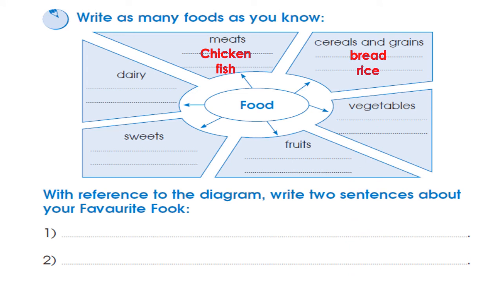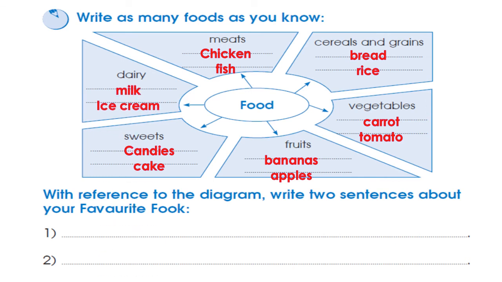Cereals and grains like bread and rice. Vegetables like carrot and tomato. Fruits like banana and apples. Sweets like candies and cake. Dairy like milk and ice cream.